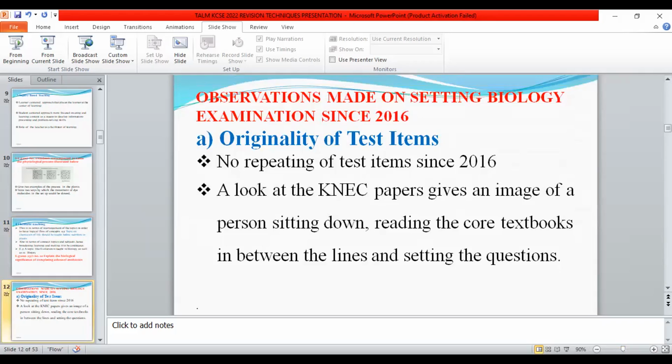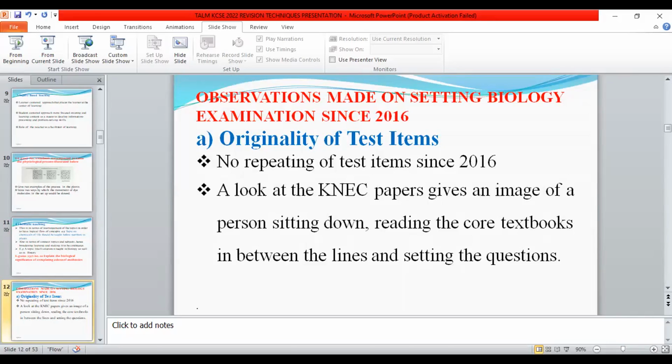You've observed that we have originality of the test items, whereby there is no repeating of the test items since 2016. In fact, what was used before is that our learners were fond of cramming questions from the past papers because they knew those questions will automatically be brought in their KCSE examination, something that is not there today.